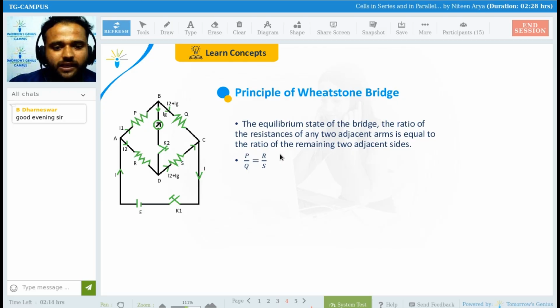Okay. For example, whenever this particular condition is fulfilled, let me write it down.